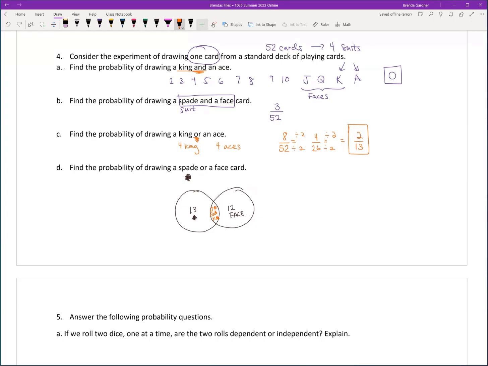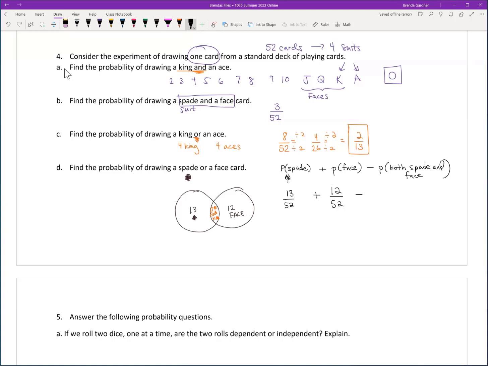And so to figure out an or statement, what we would write mathematically is the probability of spade, 13 out of 52, plus the probability of a face card, which is 12 out of 52, but we're going to subtract the probability of being both a spade and a face.